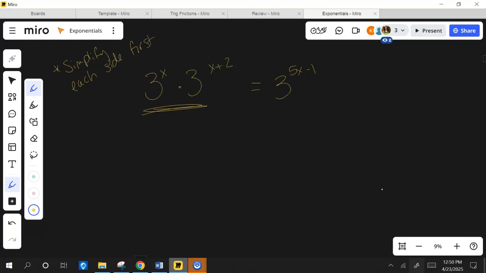If you are multiplying with the same base, you leave the base, don't combine both base and exponent. It doesn't become 9. It's still 3, but I add these exponents together. What is x plus 2? 2x plus 2. Now is it something you could solve?